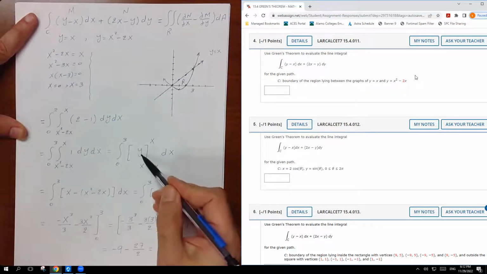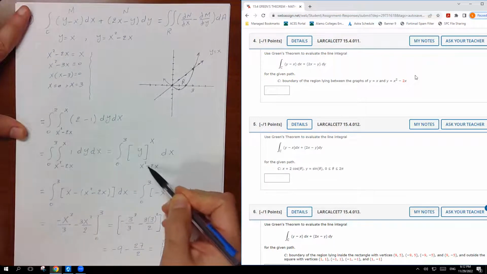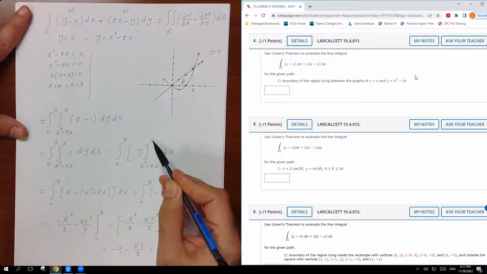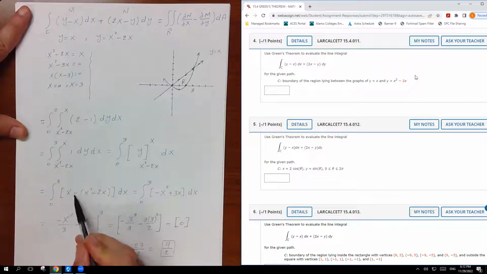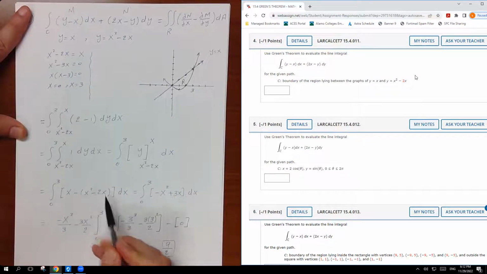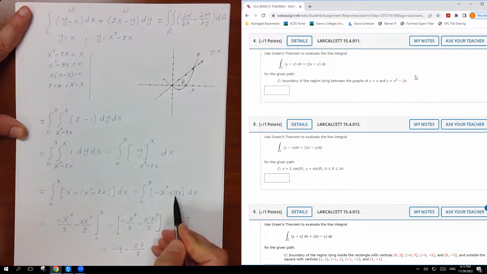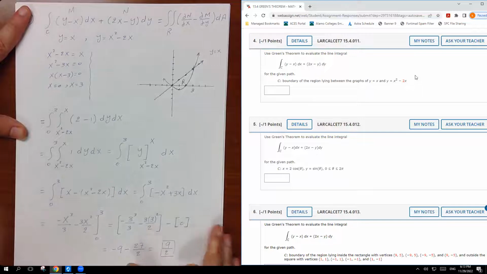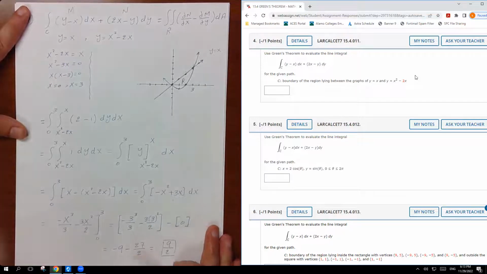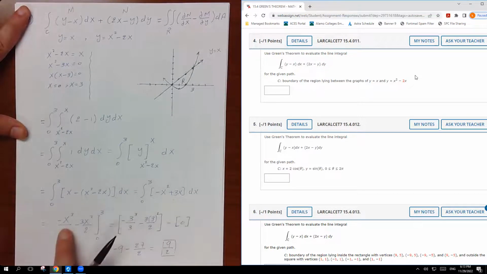Find the integral with respect to y from x squared minus 2x to x. Then plug in these, it's going to be x minus (x squared minus 2x) dx. Distribute the negative sign. So it's going to be x plus 2x, which is 3x, and negative x squared. Now find the integral with respect to x. So it's going to be negative x cubed over 3 plus 3x squared over 2.